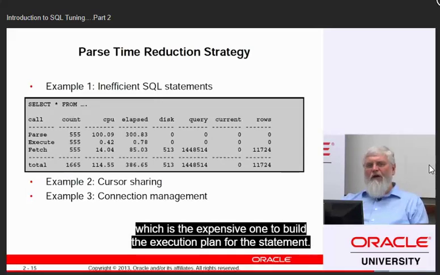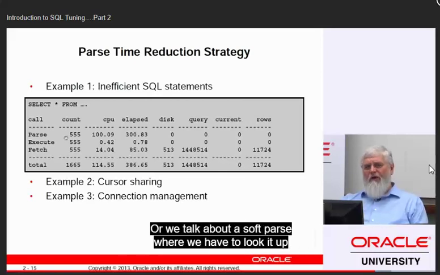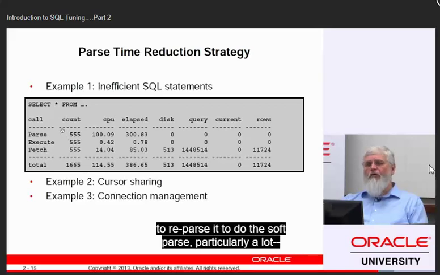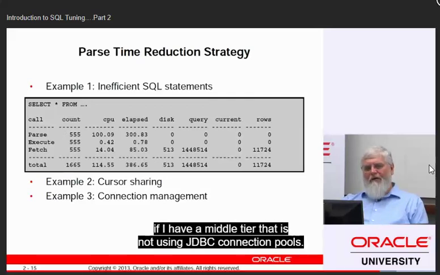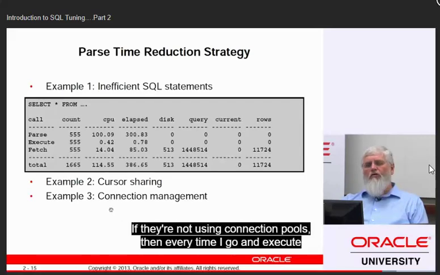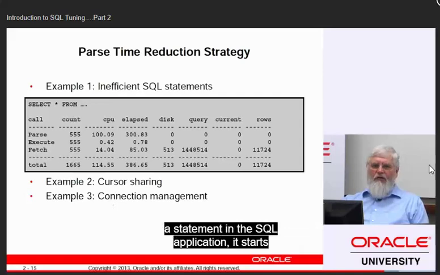Now, one of the things that could cause us to reparse, to do the soft parse particularly a lot, is if I have a middle tier that is not using JDBC connection pools, or it's a .NET application that isn't using the .NET connection pools. If they're not using connection pools, then every time I execute a statement in the SQL application, it starts a dedicated server on the database server, executes the one statement, and then shuts that dedicated server down.